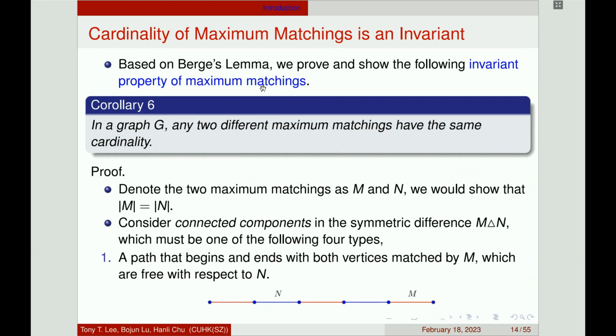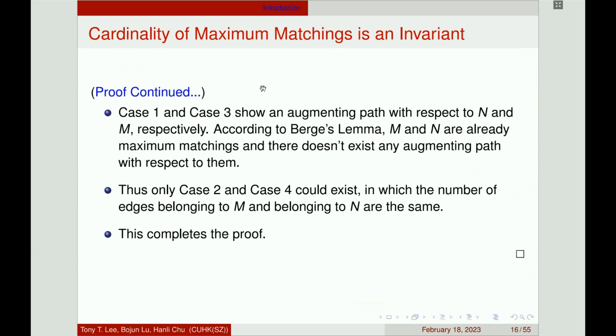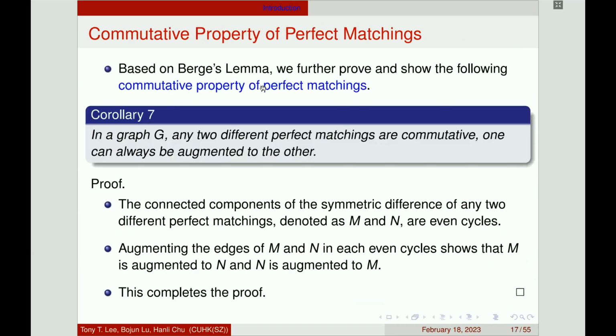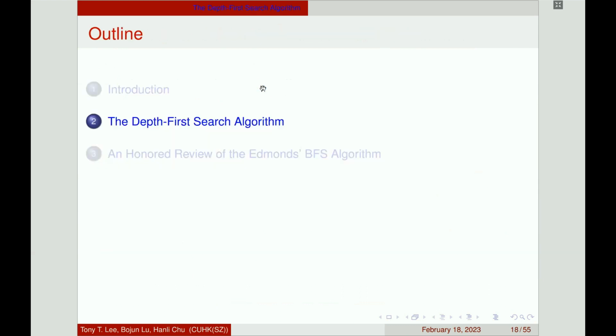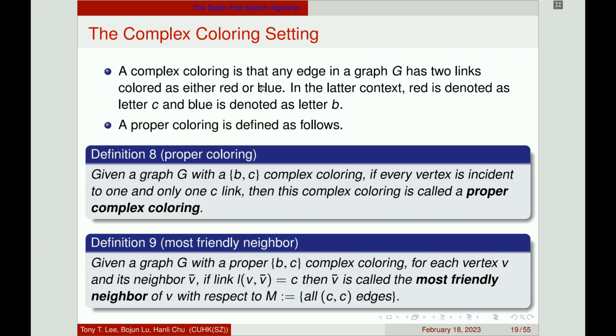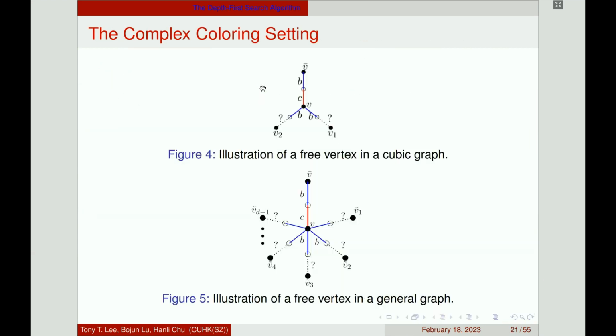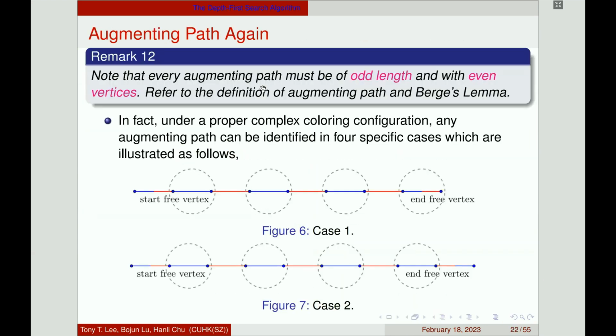So there are plenty of other properties. We summarized them here, and we have some of them included in the technical paper. But now I want to spend some time to introduce the setting of the searching procedure, and we also have some illustrative examples, okay?